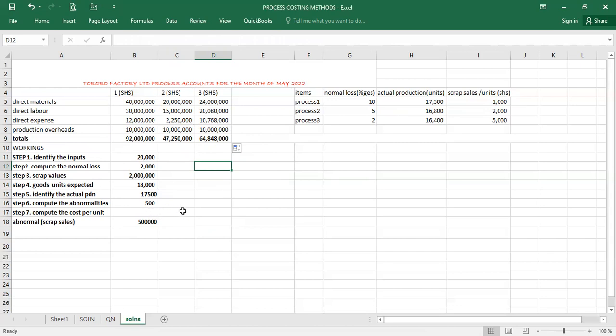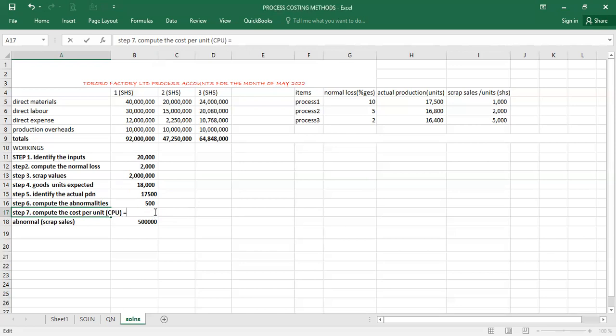Then we are getting our cost per unit. We can add in here, and we say it is cost per unit. I can call it CPU, meaning cost per unit, so that you can identify that.